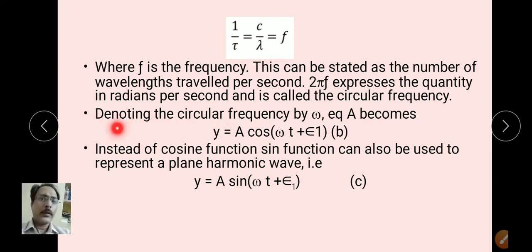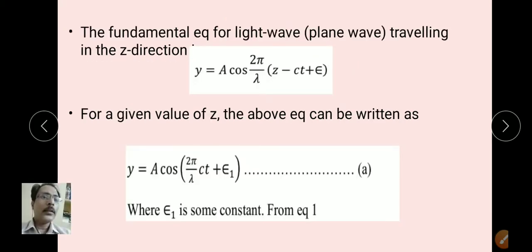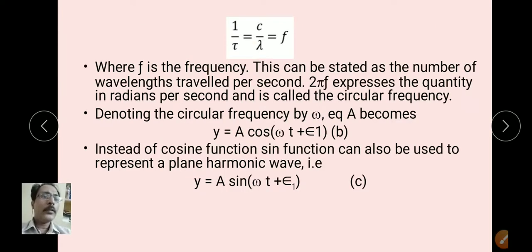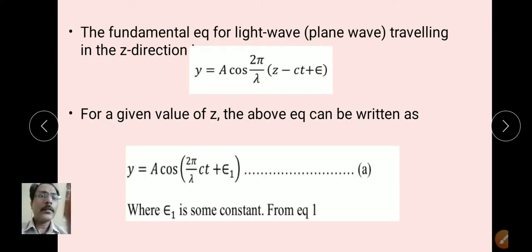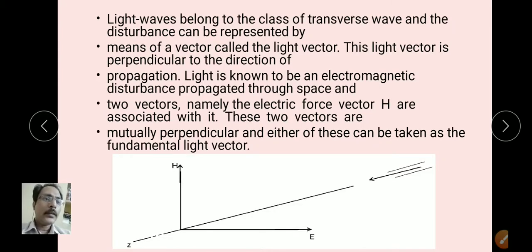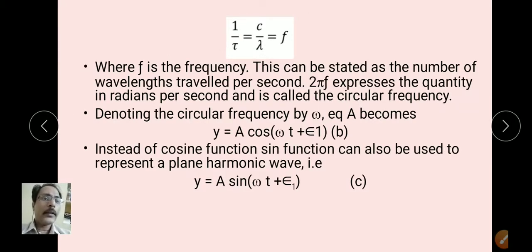Denoting the circular frequency by omega, the equation becomes as follows. In the earlier equation, we include 2 pi f in place of 2 pi by lambda times c, so ct can be written in terms of f, and the equation becomes y is equal to A cos (omega t plus epsilon 1).